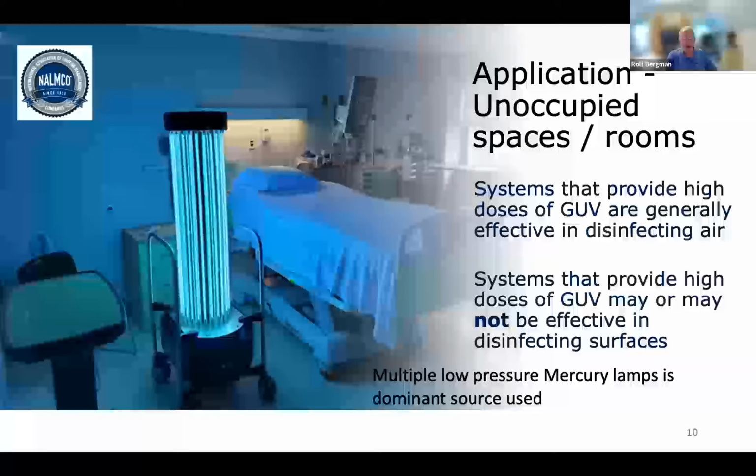It is moved from place to place to make sure that it's in the room, but always done safely. And this is typically what is used to disinfect unoccupied spaces. Portable units are often used because these cannot be used in the presence of human beings. So they must be safely accounted for.